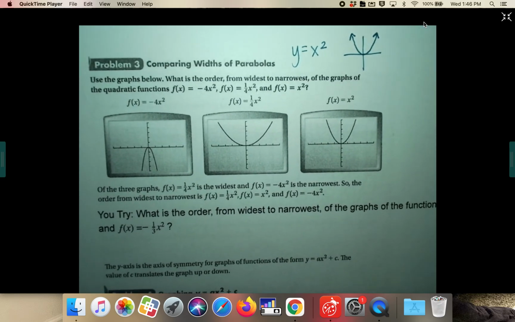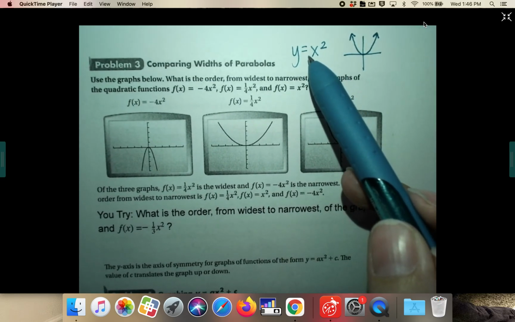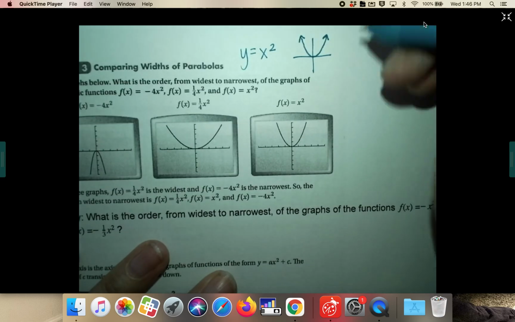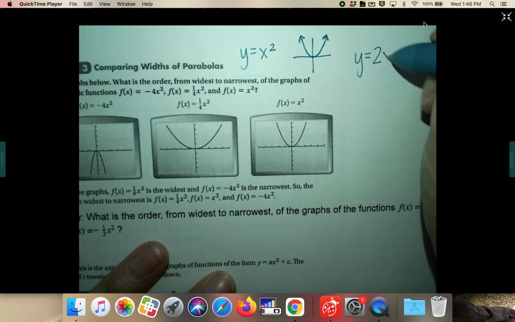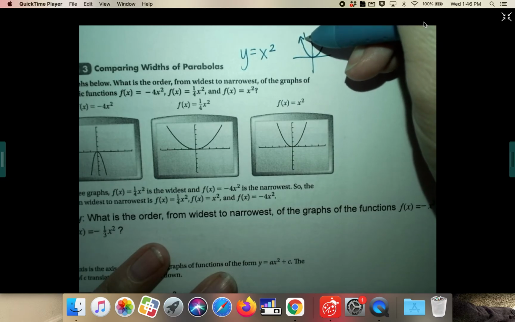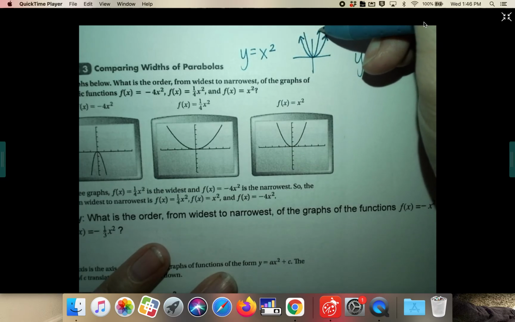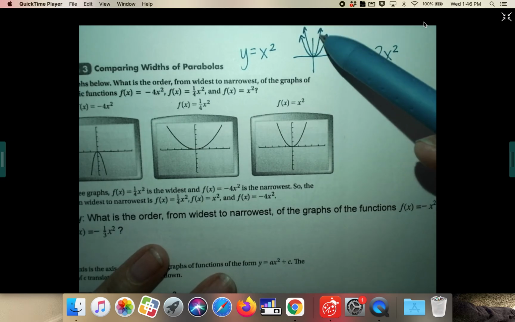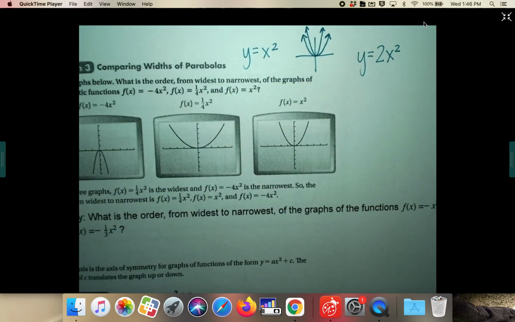Now, anytime you multiply the number in front of x, it is going to stretch. So if I did something like y equals 2x squared, it's going to be just like this, but stretched a little skinnier, twice as skinny and tall. So 2x is going to really stretch it this direction.